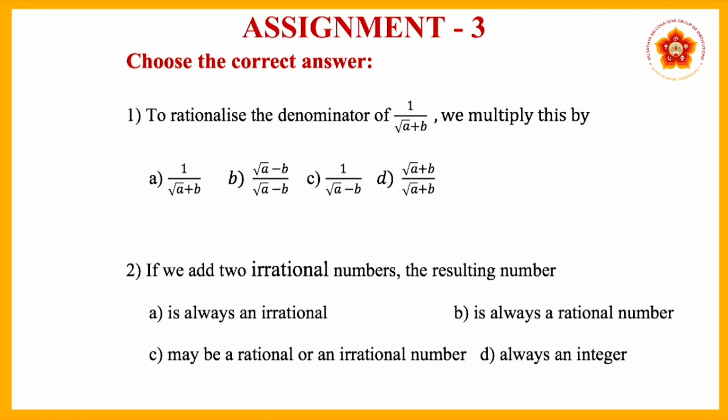Second question, if we add two irrational numbers, the resulting number, first option A is always an irrational number, second option B is always a rational number, third option C may be rational or an irrational number, fourth option D always an integer.